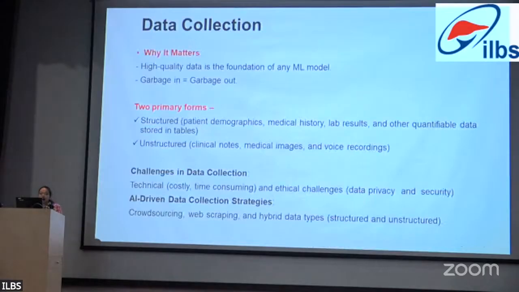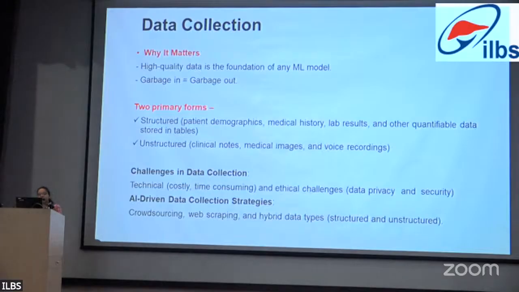For data collection, some points need to be taken care of. Data have two primary forms, structured and unstructured. Structured is all types of tabular data, lab results, demographics, etc. Unstructured is clinical notes, discharge reports, medical images, voice recordings, maybe video. All these are unstructured data.